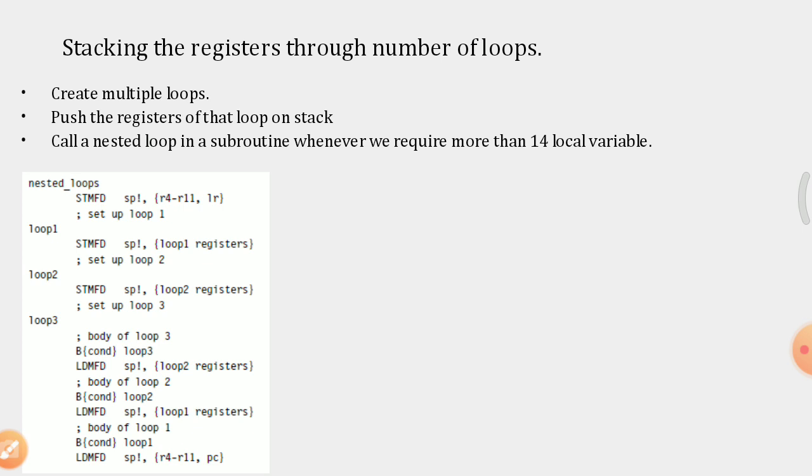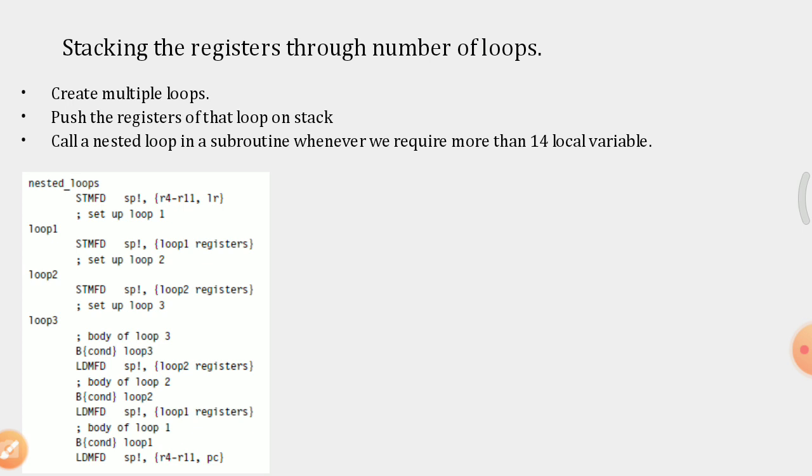We'll take the first one, stacking the registers through a number of loops. So how can we do this? Here first we have to create multiple loops. In the figure below, you can see nested underscore loops. STMFD is nothing but pushing a value from a register into stack memory.